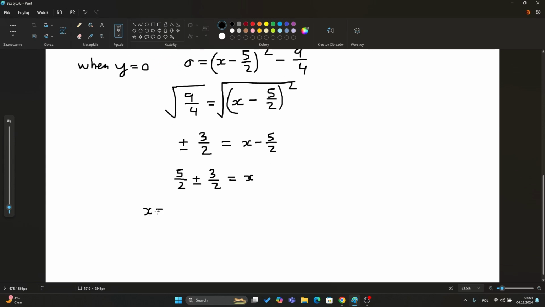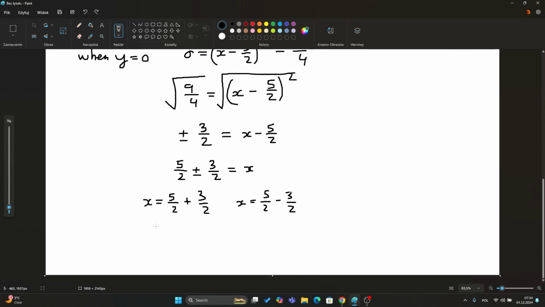Now the value of x is 5/2 plus 3/2, or x equals 5/2 minus 3/2. This will be x equals 8 divided by 2, which is 4, and x equals 2 divided by 2, which is 1. So x equals 1 and x equals 4 are the roots or solutions to the graph.